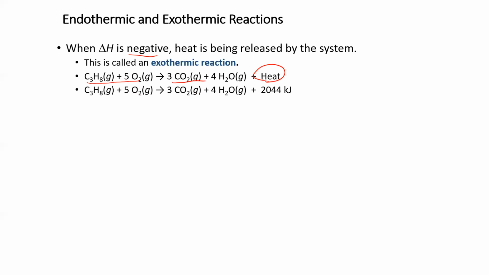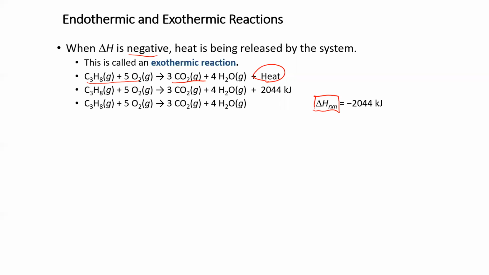What's a little more common is they'll actually provide the numerical value of the heat that's being released. But even then, that tends not to be seen as often as the enthalpy of reaction being written on the side. So typically you'll have your balanced equation, and then they'll give you the value of your enthalpy of reaction for that particular reaction.